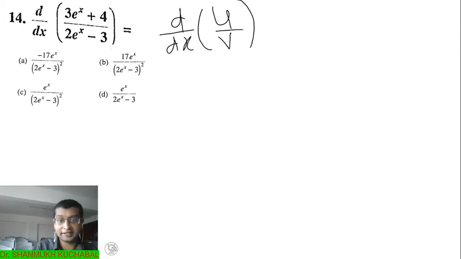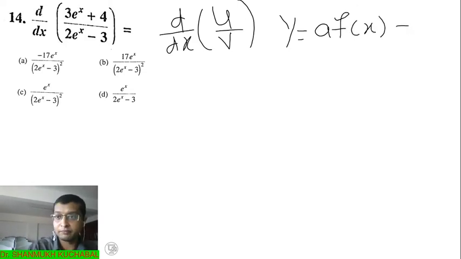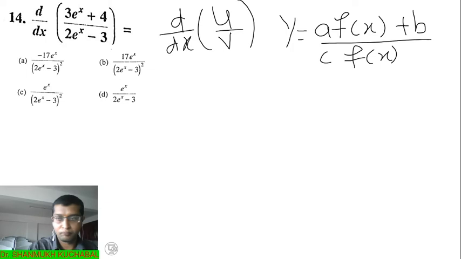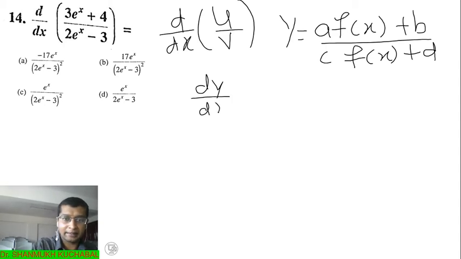An alternative method we will discuss here. You have to remember this formula, it is a shortcut trick. So y equal to (a f of x plus b) whole divided by (c f of x plus d), then dy by dx is defined by AD minus BC, similar to the previous one; there it was x, here it is a function e raised to x.